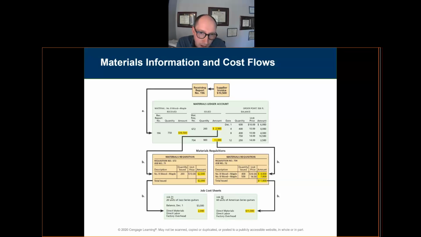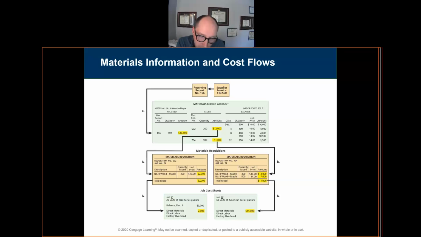Then I get a customer order in. When I receive the customer order, I need to transfer the raw materials out of raw materials and into work in process using the requisition form. To do that, the journal entry would be, I credit raw materials and I debit work in process.